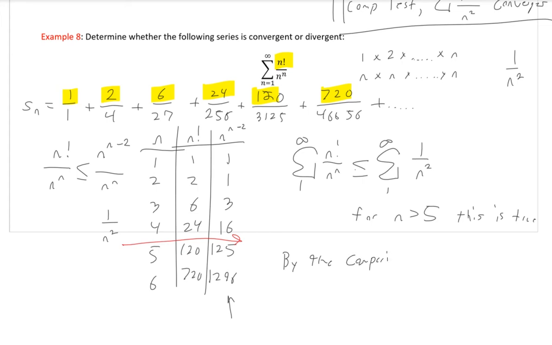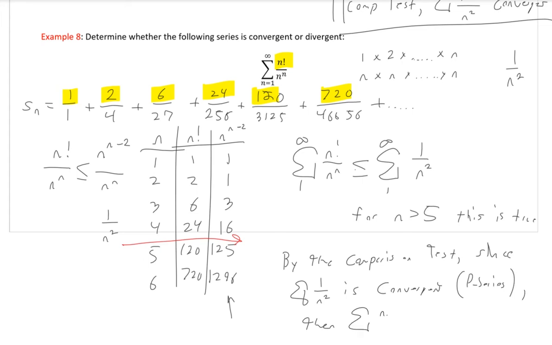By the comparison test, since the summation of 1 over n squared is convergent, and that's a p-series, then the summation of n factorial over n to the n is also convergent. So that's actually a comparison test.